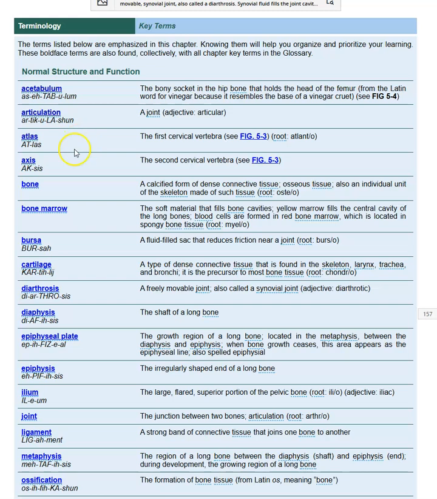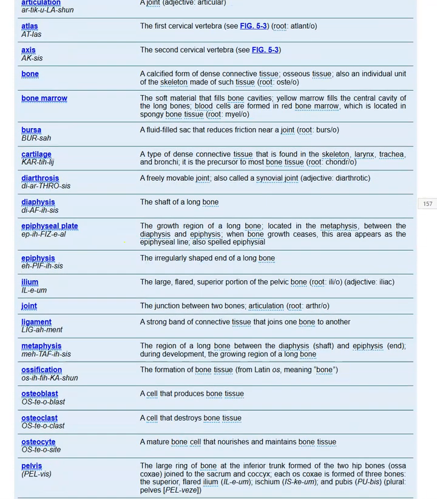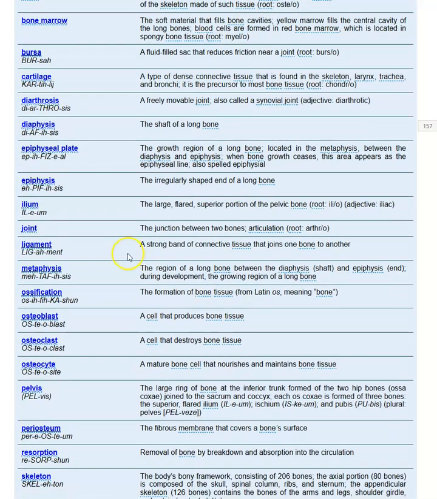Acetabulum, articulation, atlas, axis. By the way, I can't really test you on saying things out loud unless I come up with a creative way. Maybe I'll get you to send me a recording of you saying these words out loud, but practice saying them on your own. It's important to be able to pronounce these. Pronunciation may be different between different fields.